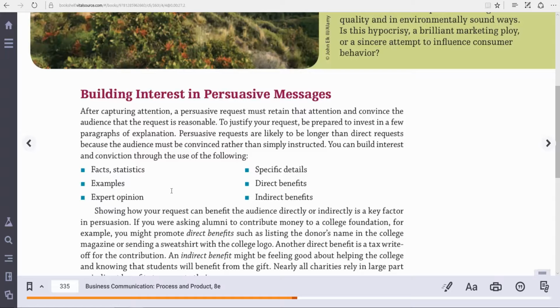So to build interest and conviction, you can use facts and statistics, examples, expert opinion, specific details, direct benefits and indirect benefits.